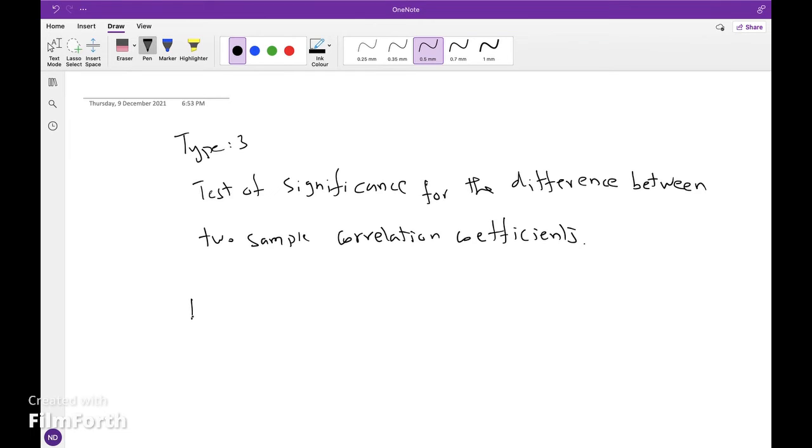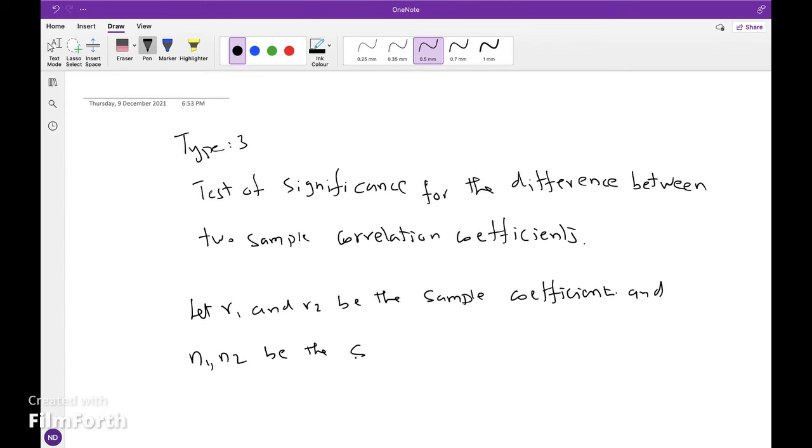Let r1 and r2 be the sample correlation coefficients and n1, n2 be the sample sizes.